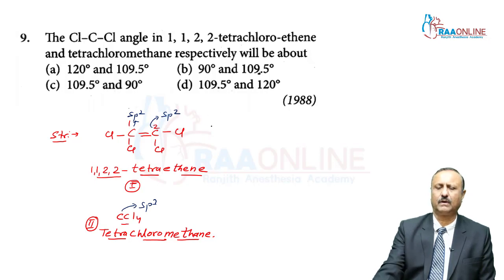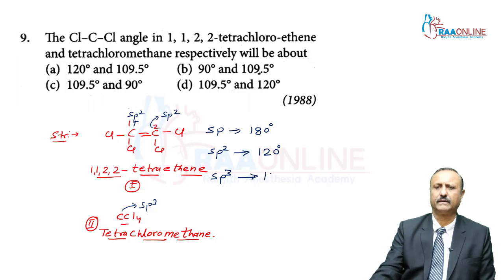In sp hybridization, the angle is 180 degrees when lone pairs of electrons are absent. In sp2 hybridization, the angle is 120 degrees. If you get sp3 hybridization, then the angle is 109 degrees 28 minutes.